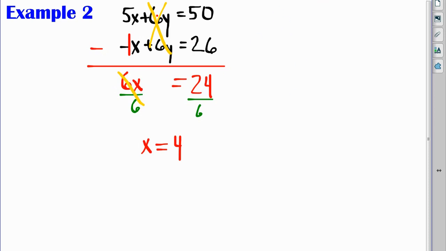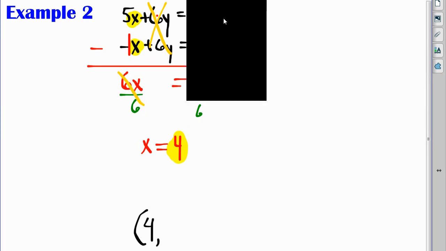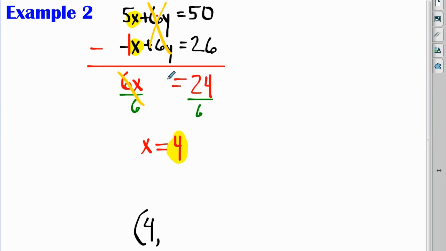Same thing as before. I know that's my first half of my answer, 4. Now to get the y coordinate, let's plug 4 back in to one of the x's of the original. I could plug it in this top one or this bottom one. It wouldn't really matter which one. I'll choose the bottom one this time.